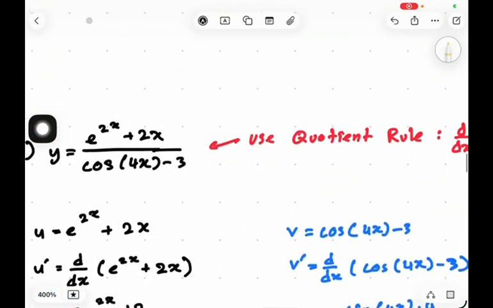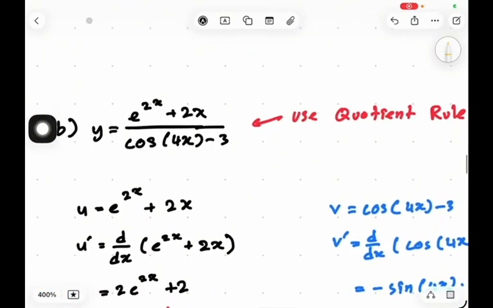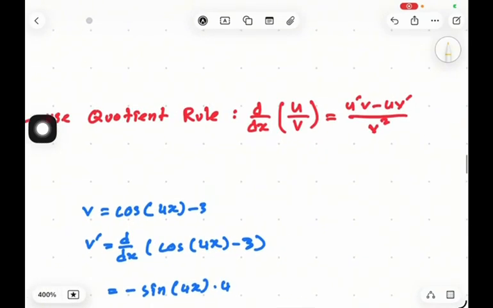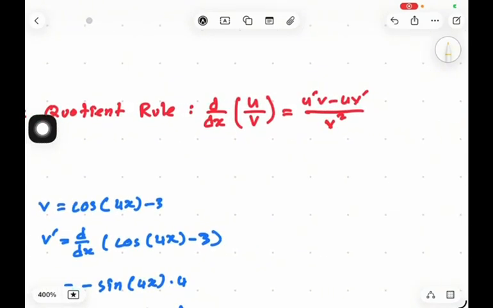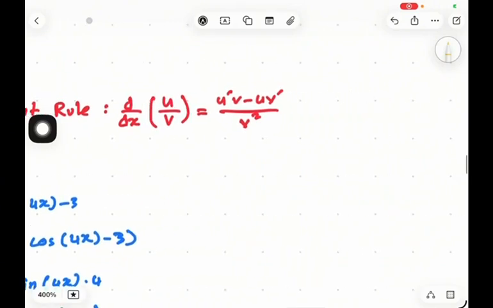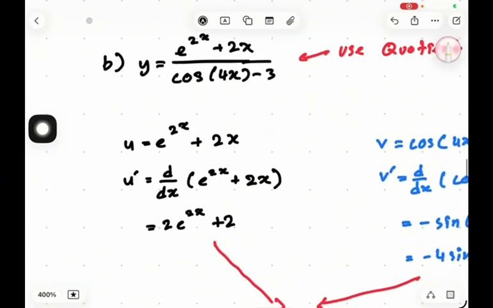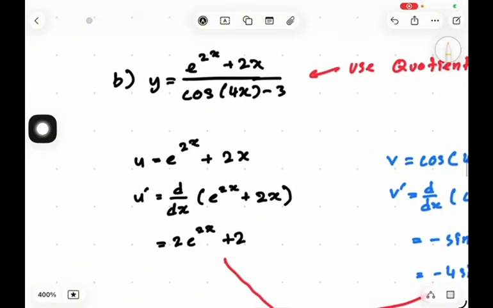For this question we have to use the quotient rule, which is d over dx of u over v equals u prime times v minus u times v prime, over v squared. Like usual, we have to determine which is u and which is v. For this case, the top one is u and the bottom one is v.